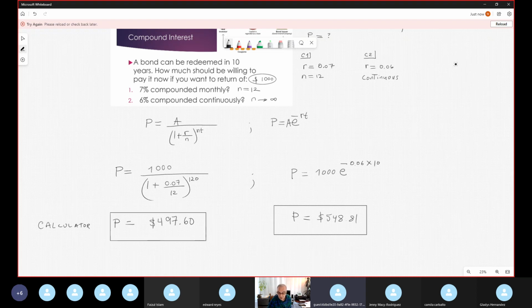Now this is the moment to make a decision. What is the best option? What is the best choice? Condition 1 or condition 2? Condition 1 is the best option. Cool.